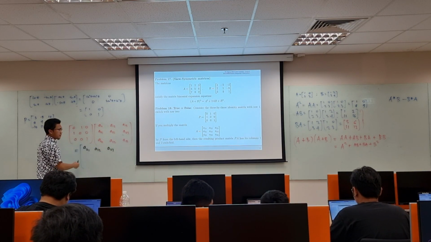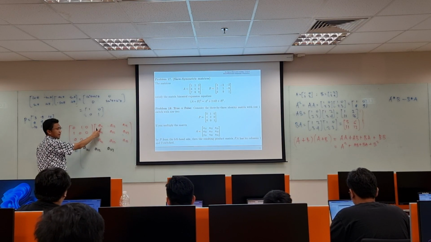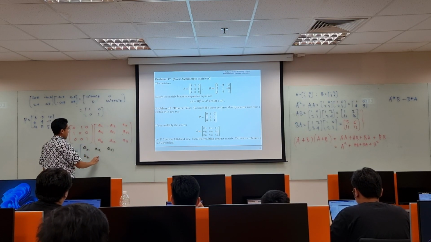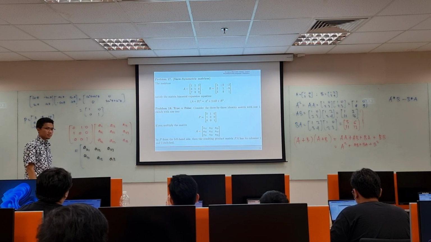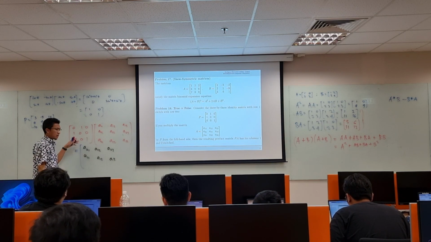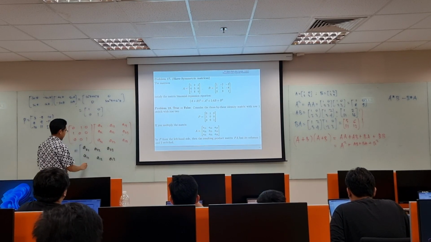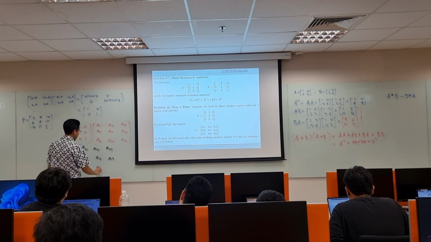For the second row, you get the first element, all of them are the first element: A11, A12, and then A13. For the third row, you get the last element: A31, A32.